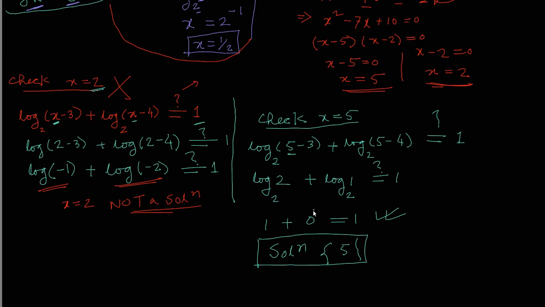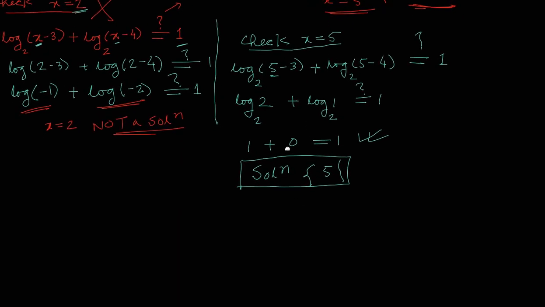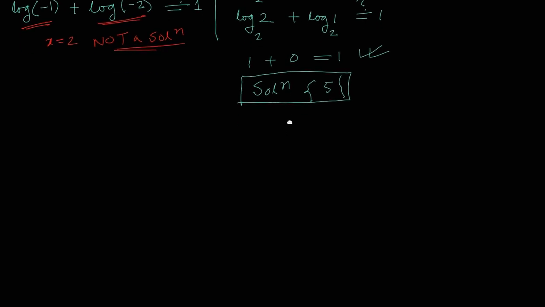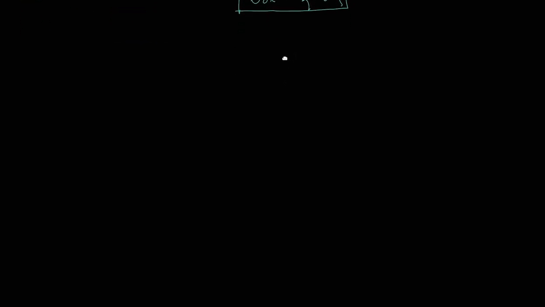All right, so now let's solve another problem. Let's say I have a logarithmic equation: logarithm of x plus 4 base 2 minus logarithm of x plus 3 base 2 equal to 1.